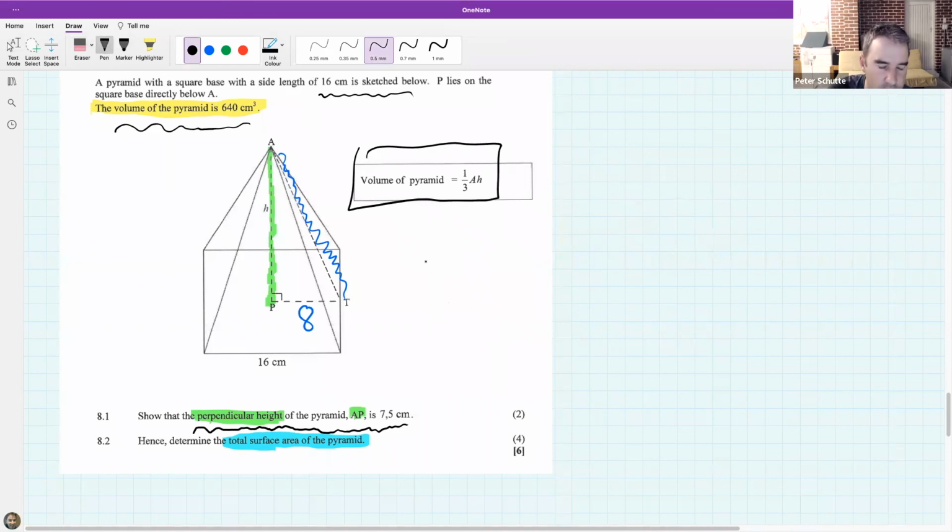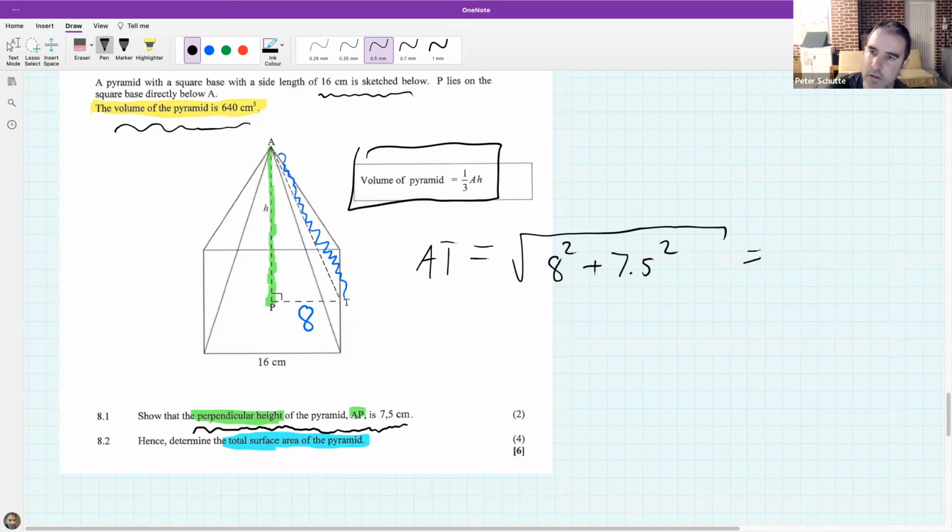So how would we work out, we'll call it AT? I know I have 8, and we know the height is that. We should give a reason.